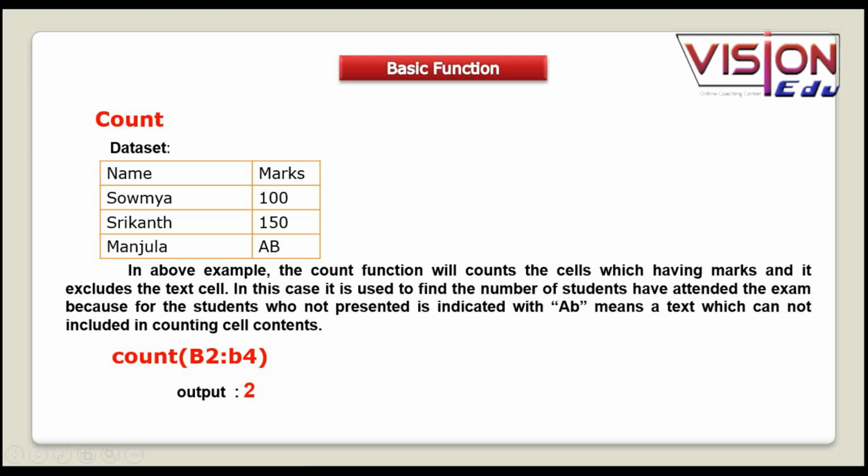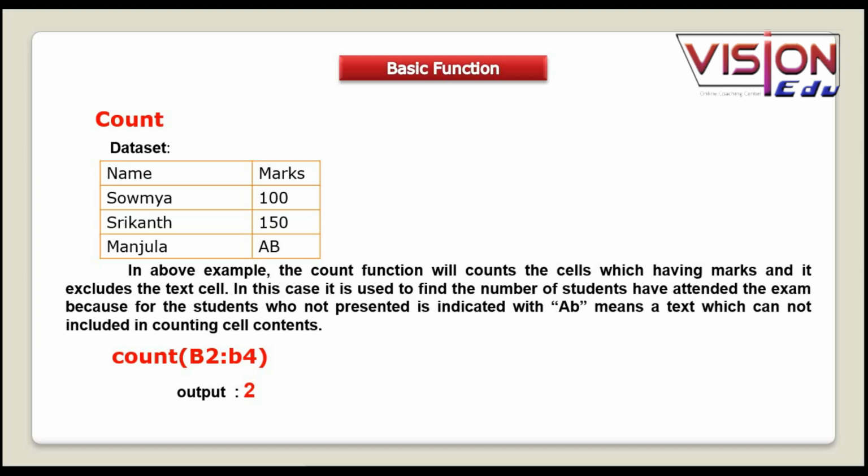So in this example, the COUNT function will count the cells having marks and it excludes the text cell, right? In the above case, among the three students, two students have marks and one student has non-numerical data.